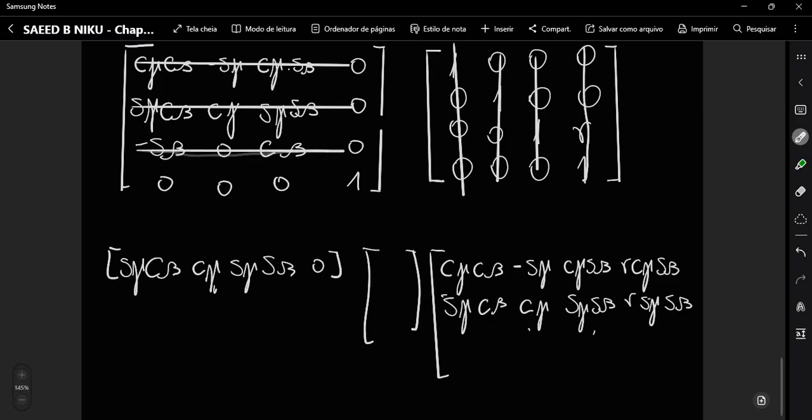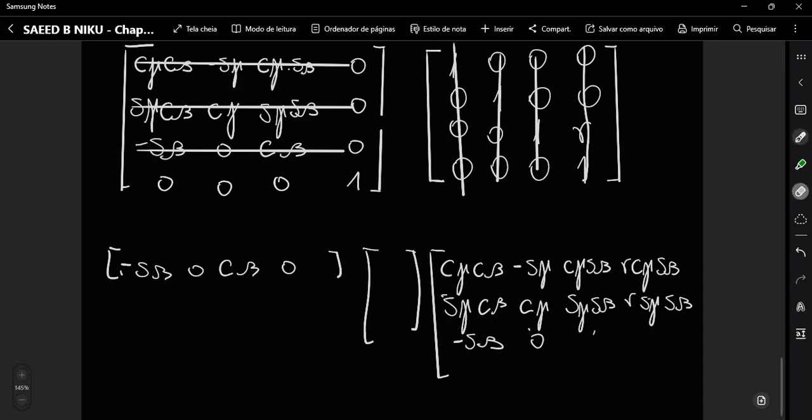Now the third line, minus sine of beta, 0, cosine of beta, 0, 1, 0, 0, 0. So we are left with minus sine of beta, and now multiplying by the second column, 0, 1, 0, 0, and we are left with 0.